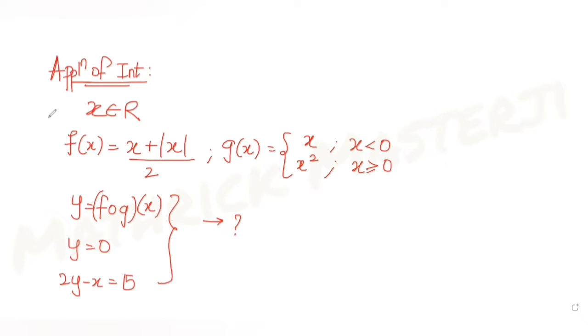So we know there are two functions, f of x and g of x, given to us, and we have to figure out the region between the curves where one curve is y equals f of g of x. To find f of g of x, everywhere you have x in the function f of x, you just put g of x.